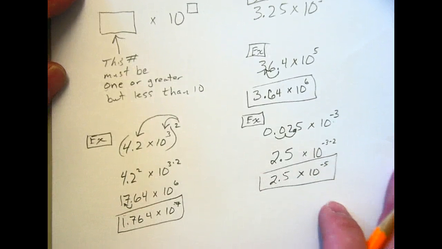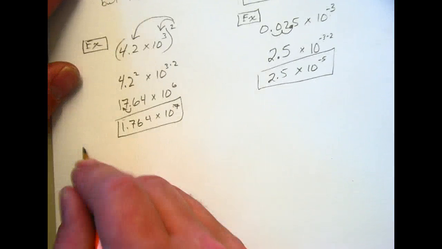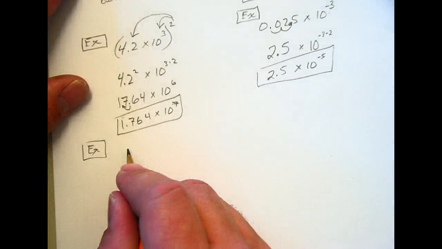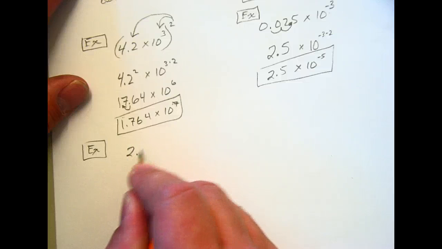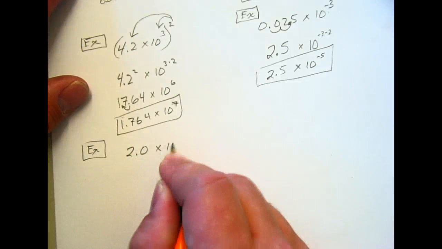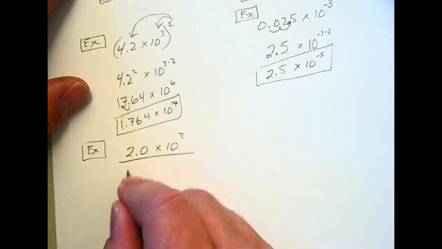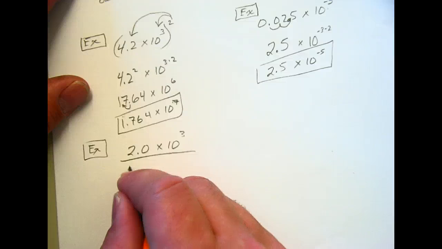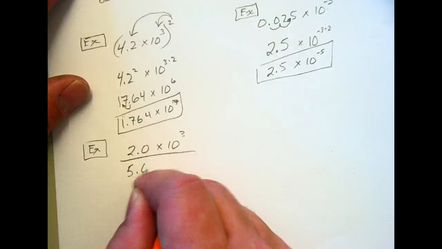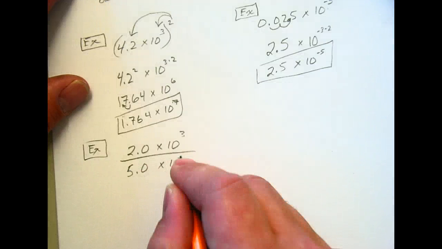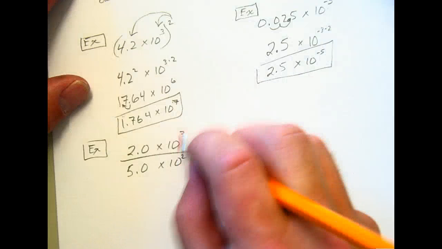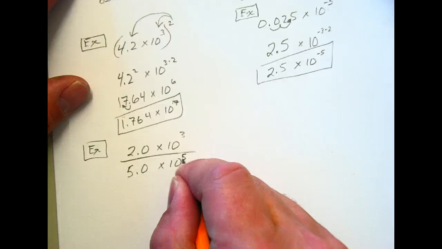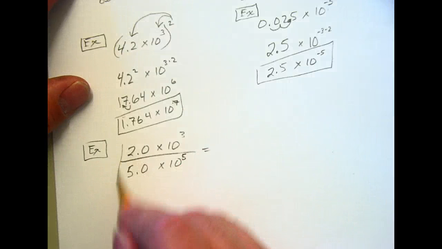Okay? And then we added division. So we kind of applied all of our other properties to it. Say if we had like 2.0 times 10 to the third over, I don't know, 5.0 times 10 to the second. Actually, let's not use second. Let's use fifth. Okay, we divide these two numbers.